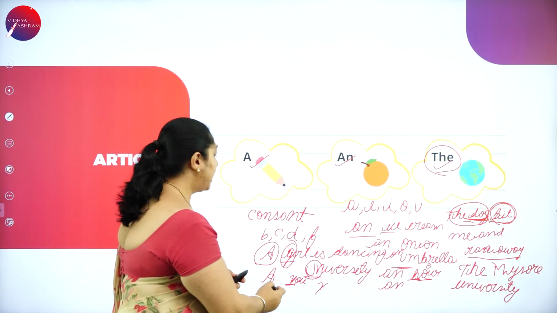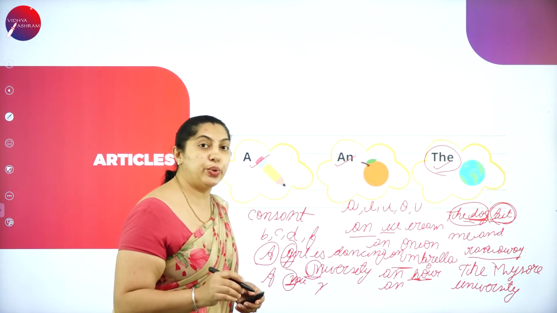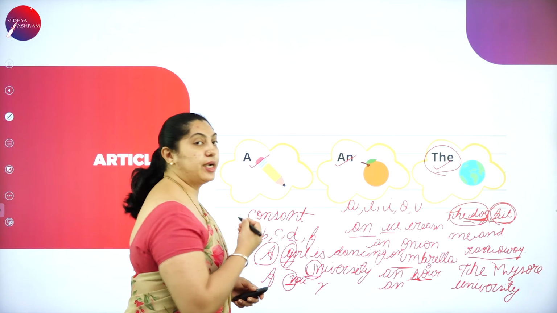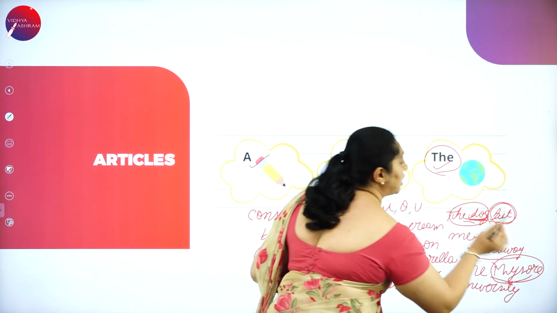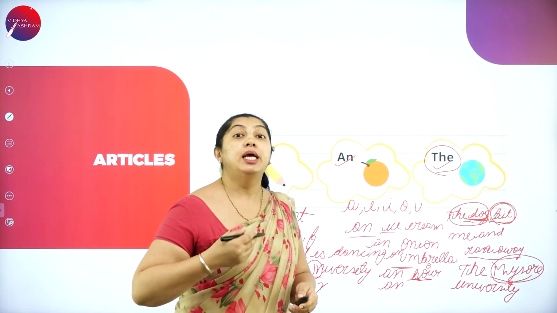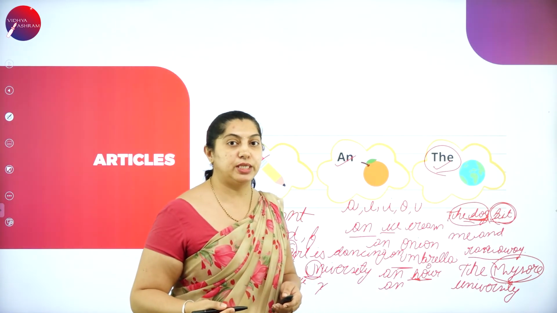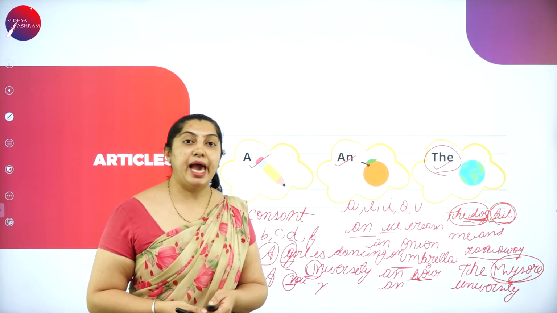In the article a, I'm not specifying anything. I'm just talking about a university, so use the article a. But here I'm talking about the place, that is Mysore, so you use the article the: the Mysore University. So this is all about the articles, that is a, an and the.